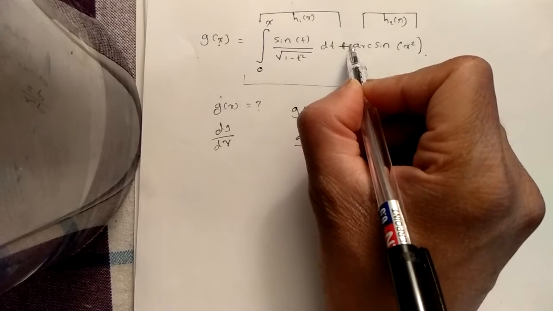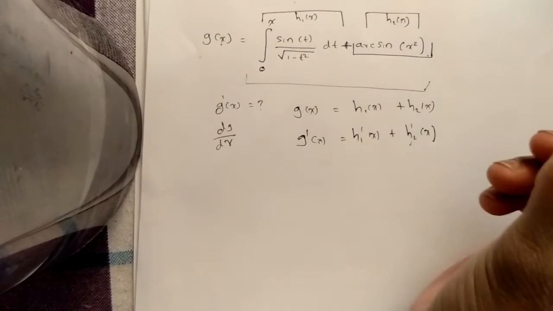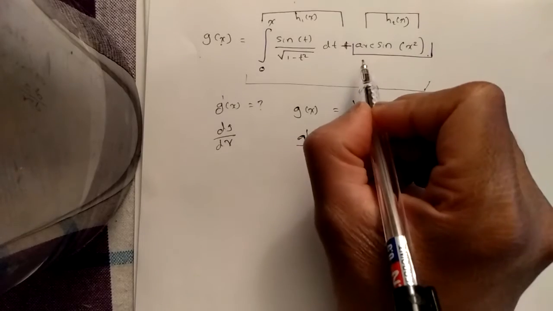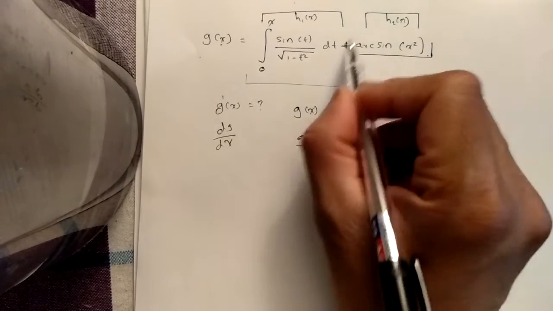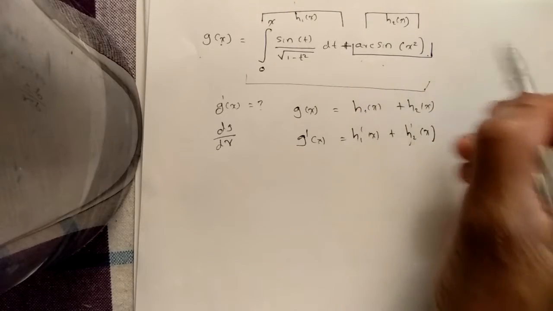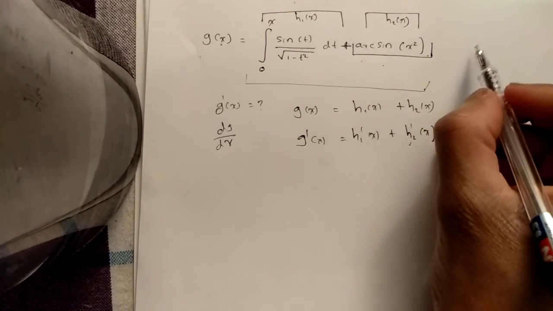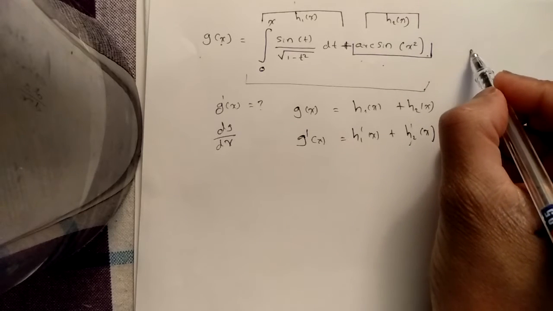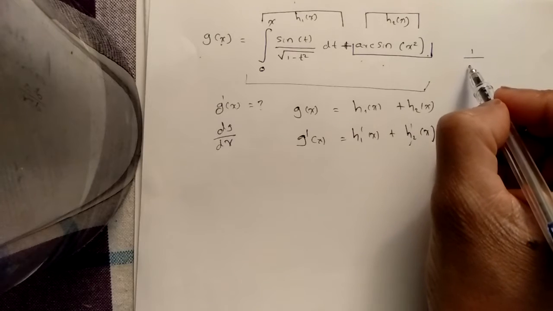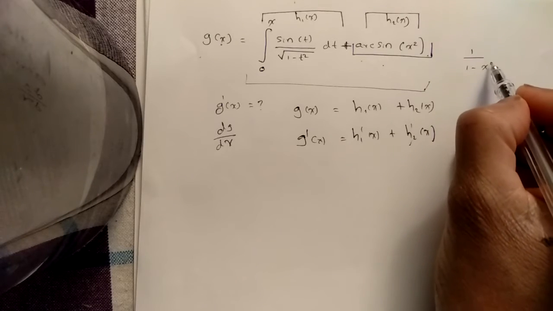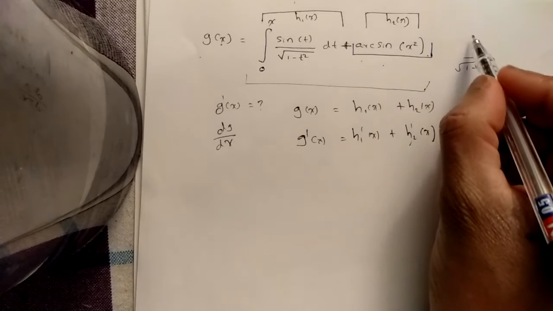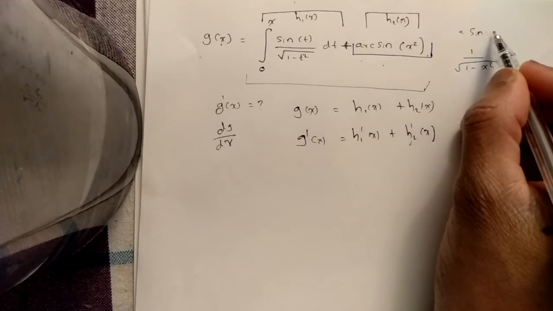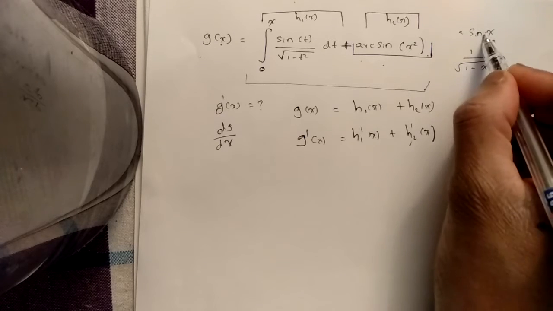Here we have h2 as this one, and from the derivative rules we can say that the derivative of arc sine x will be equal to 1 over the square root of 1 minus x squared, and this is the derivative of arc sine x.